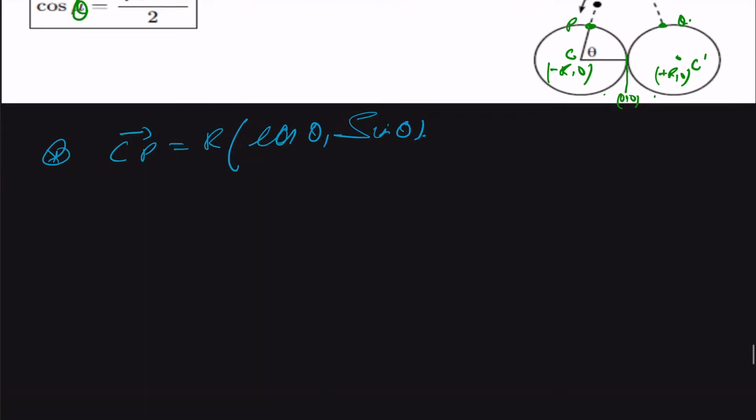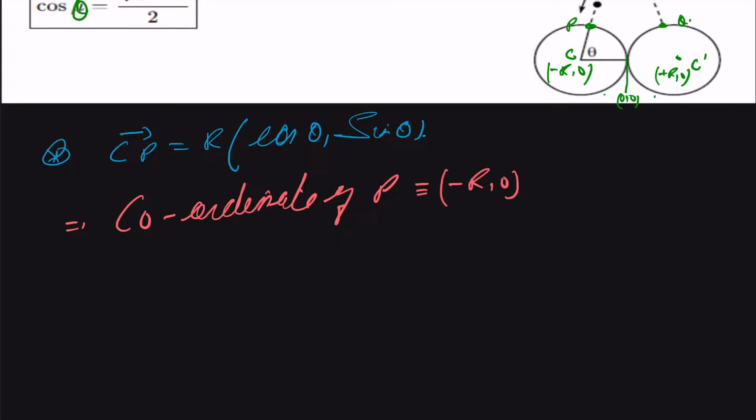And therefore, the coordinate of P will be equal to minus r0 plus r cos of theta and sine of theta.